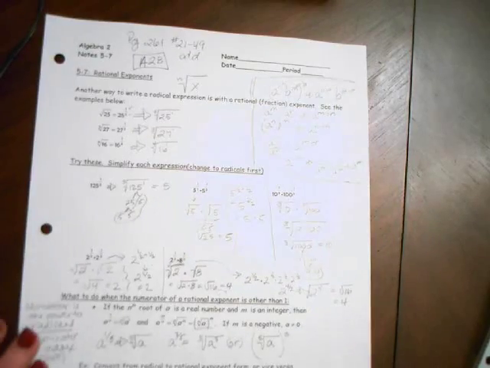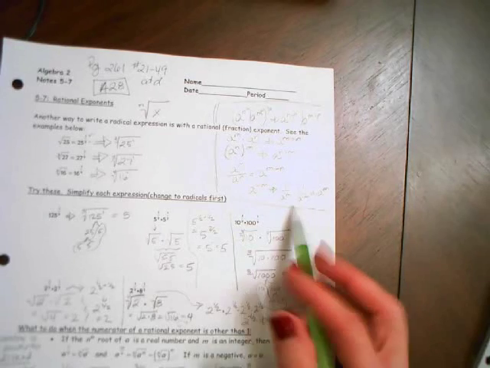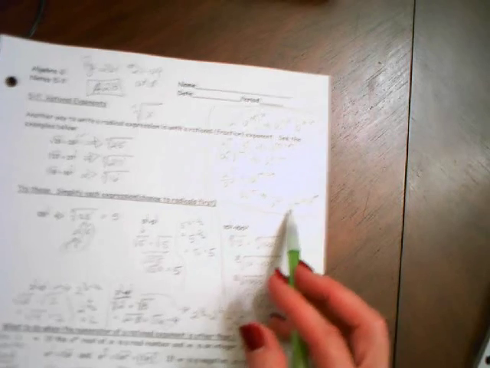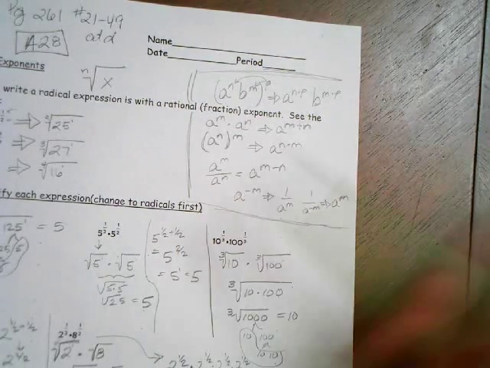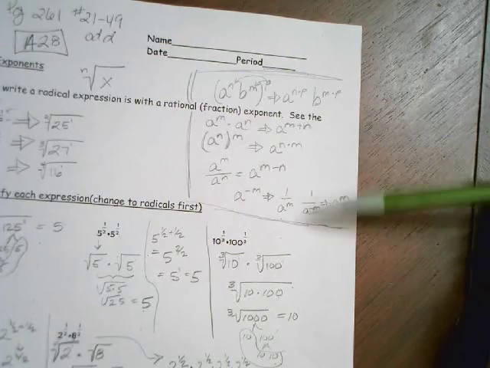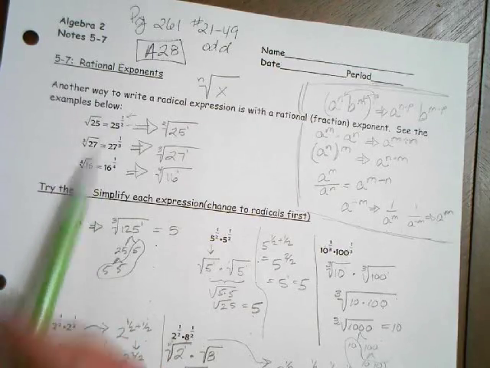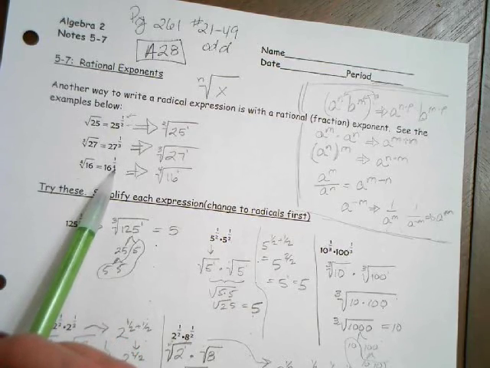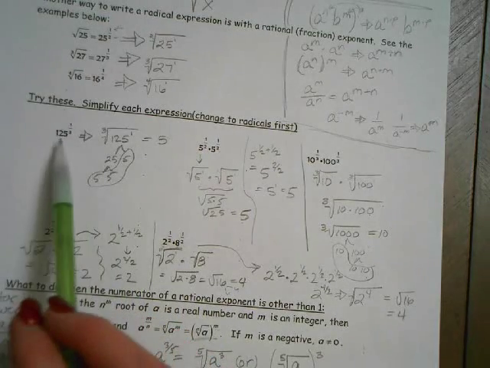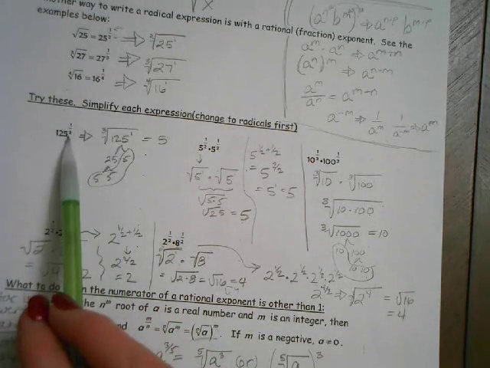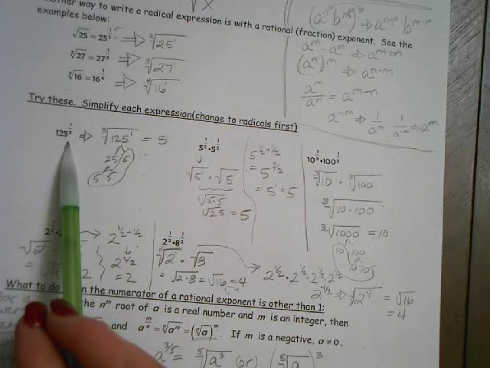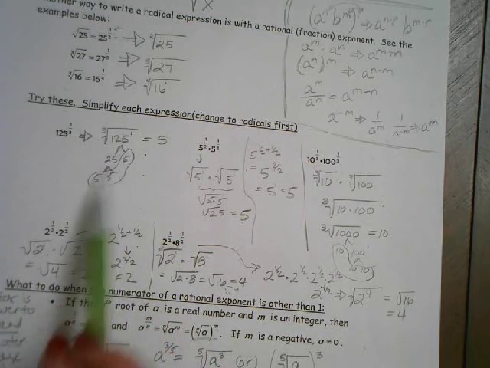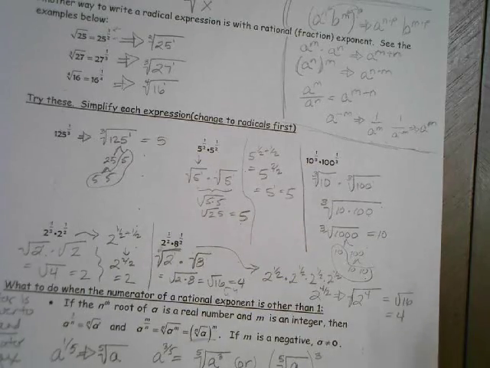Again, looking at the beginning, we started with the properties of exponents. This is just something to remind yourself of how to work with exponents. We talked about how you can change radical expressions into an exponent fraction, and once you go from the radical to the rational exponent, you can then put it into your radical expression and simplify it.